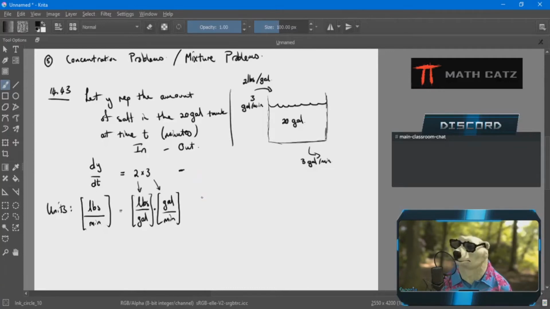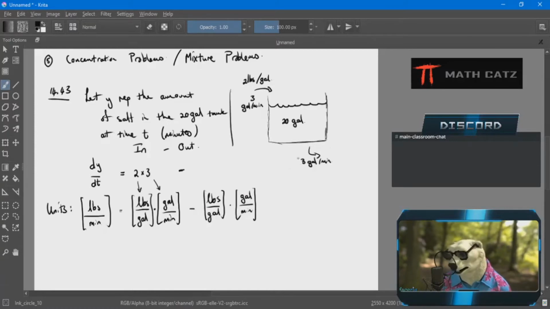Now, some salt is being lost because of the 3 gallon per minute exit. So again, I'm going to need pounds per gallon that's leaving, and in order to get that as pounds per minute, I need to multiply that by gallons per minute to make sure my units are correct.